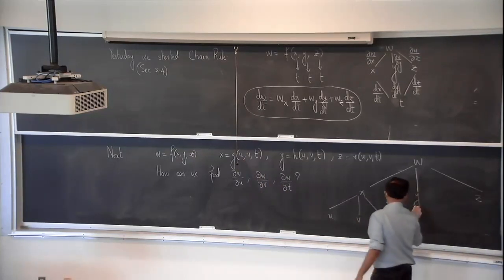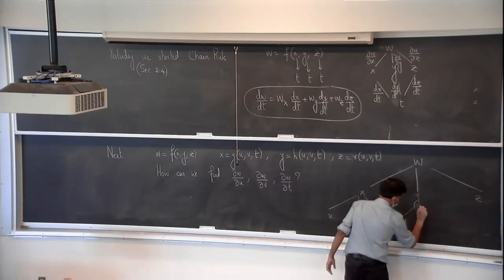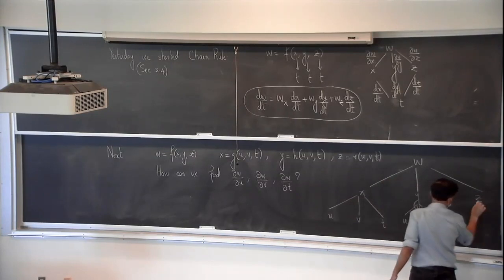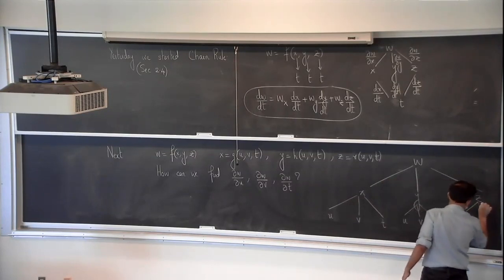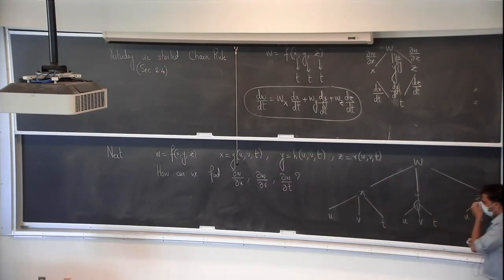Y depends on U, V, T, and Z depends on U, V, T. Okay, so it's a slightly bigger tree diagram, but the idea here is to still write the derivatives along each branch and then multiply downward and add rightwards. So nothing has changed here.